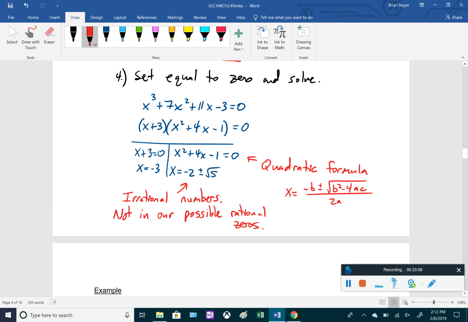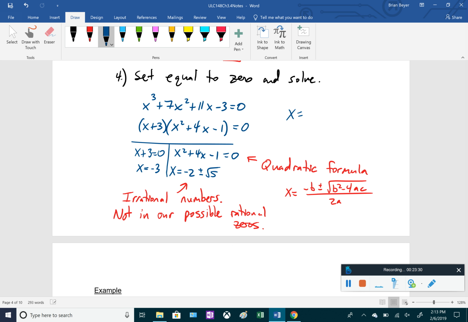Okay, so if we end up having to use the quadratic formula and we get a negative as the radicand under the radical, that means we're going to omit those values because that'd be imaginary values. So that means whatever quadratic it was, it would not have any x-intercepts.